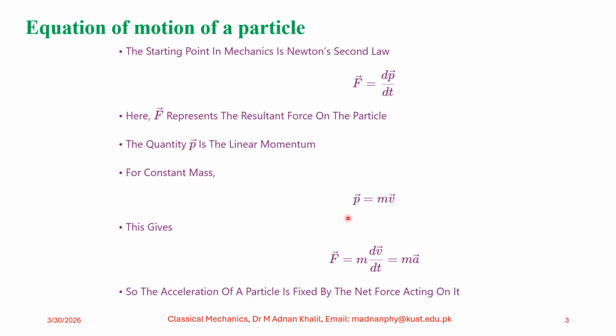So we can write this momentum p as m times v, that is the mass times the velocity. Therefore F equals ma, which is Newton's second law, and that can be written as m dv by dt since m is constant during the motion.